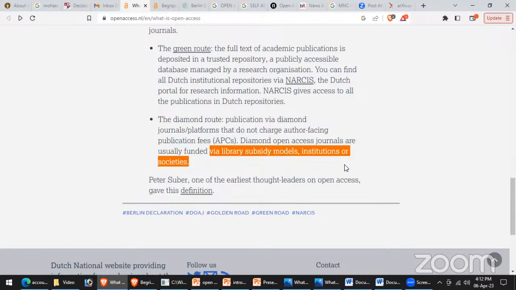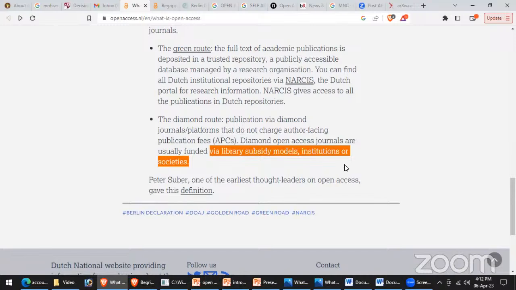Getting or not? Diamond route, just do not apply your APC. Your diamond route does not apply an APC to any author, but the money has to be paid or funded by your institutional or subsidiary models or via libraries or any society.